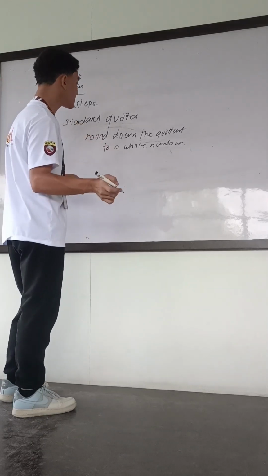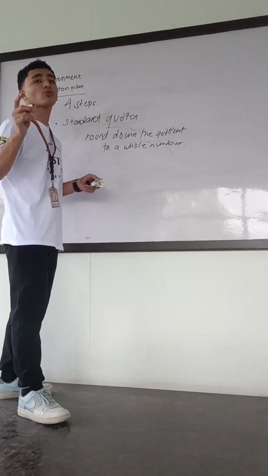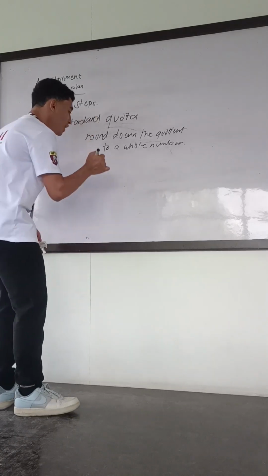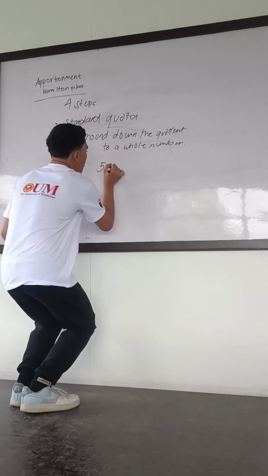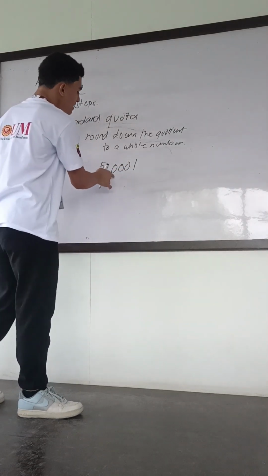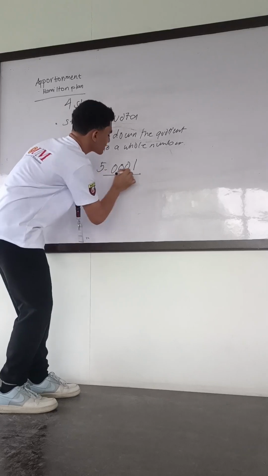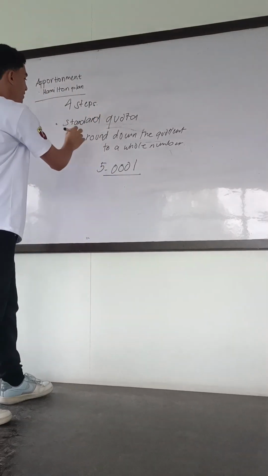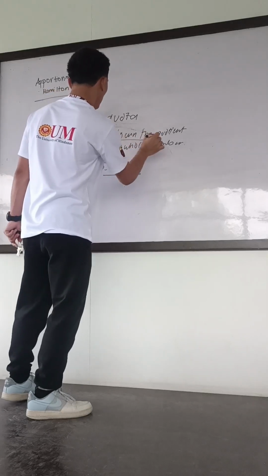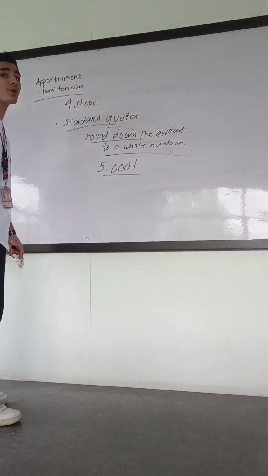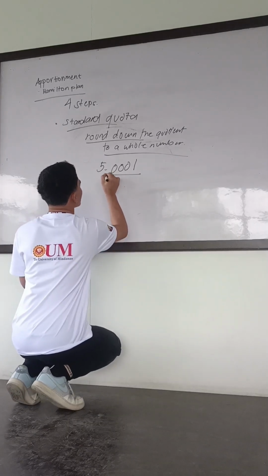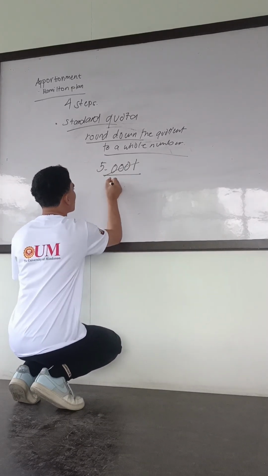For example, the quotient that we get during the second step of our problem is 5.0001. As we can see, there are 4 decimals here. Based on the steps, we round down the quotient to a whole number, so we must cancel this decimal.